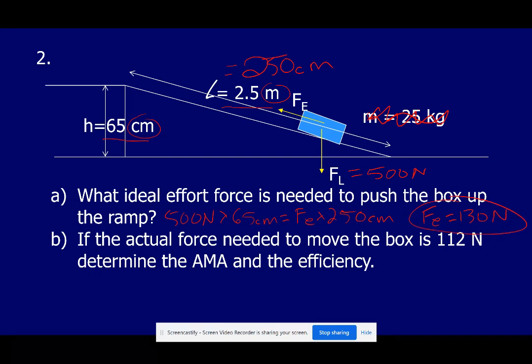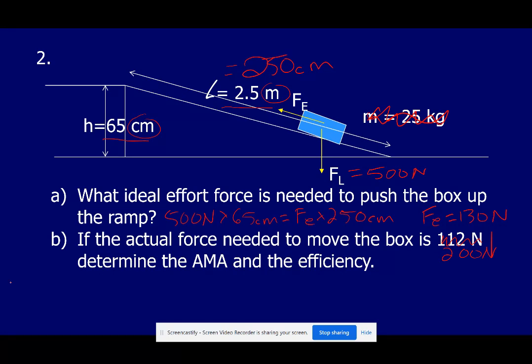And that's that one. However, if the actual force you need to move the box up the ramp is 112 newtons, actually let's change that to make it higher. That's the point of this particular part here. Let's change the 112 to be 200 newtons. And we want to figure out what the AMA and the efficiency are.